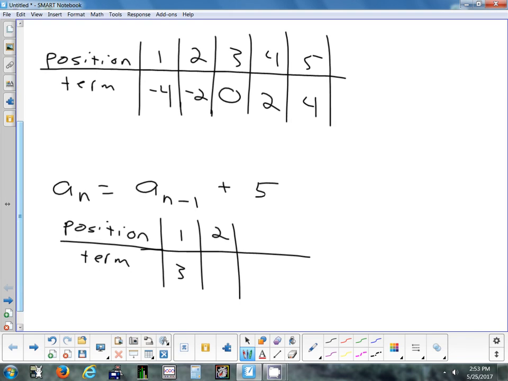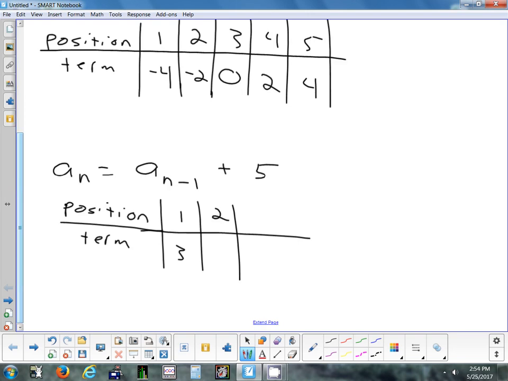So following this rule, taking the one before and then adding 5, what's the second term? So you take the term before and then add 5.